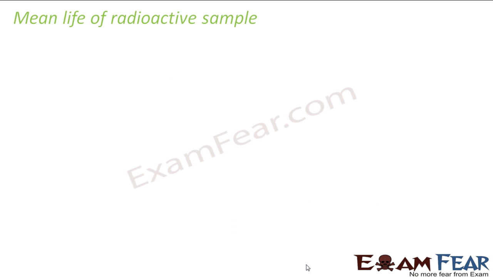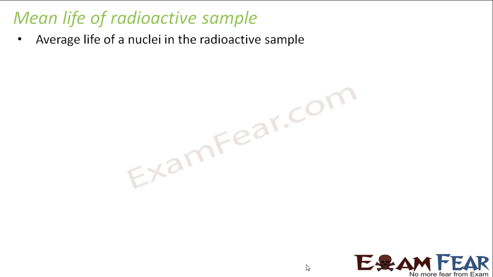Now let us talk about the mean life of a radioactive sample. Half-life was the time after which the sample reduces to half of its initial value. Similarly, mean life is nothing but the average life of a nuclei in the radioactive sample. That means on an average, what would be the lifespan of that radioactive sample?